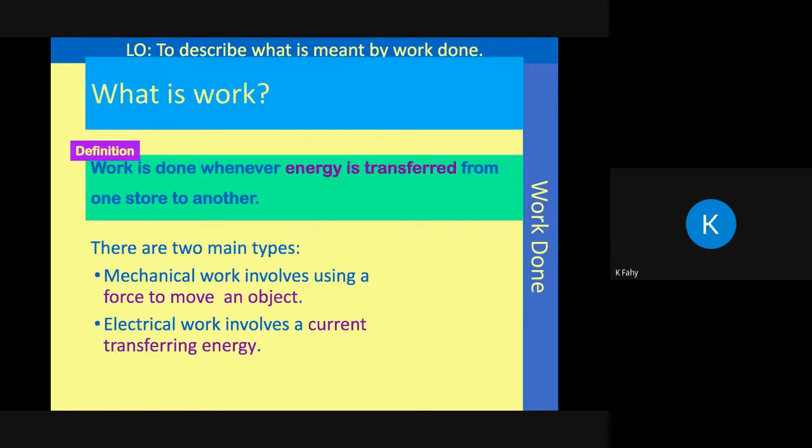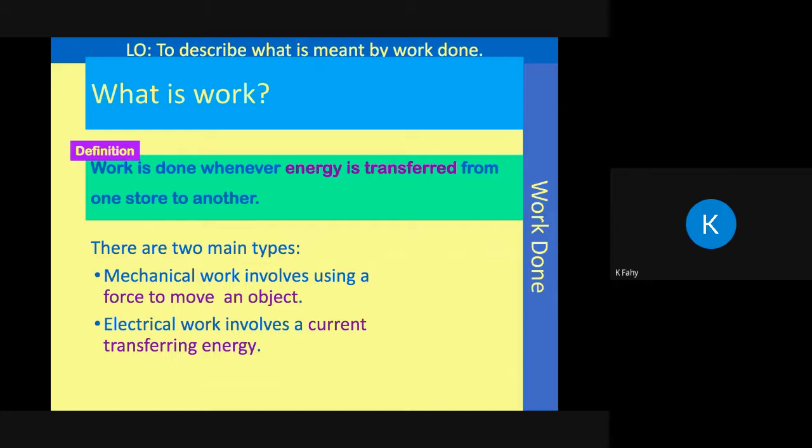So the definition, again, green box, write it down, it's a definition. Work is done whenever energy is transferred from one store to another. Remember we said energy is the ability to do work, so that makes sense. Work done is when energy is changed from one type to another.